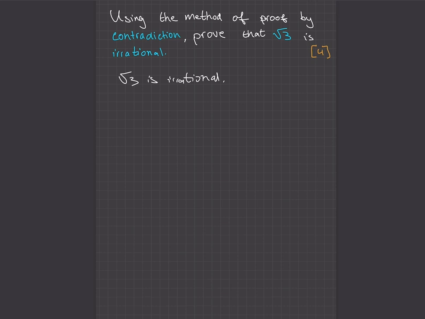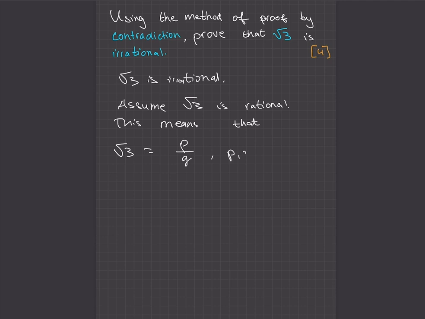Assume root 3 is rational, right? Assume that the statement is false. This means that root 3 is equal to some p over q, where p, q are elements of the integers, and p and q have no common factors.